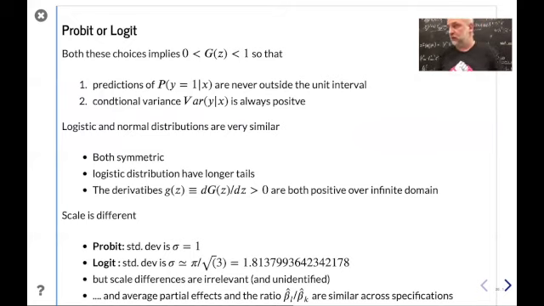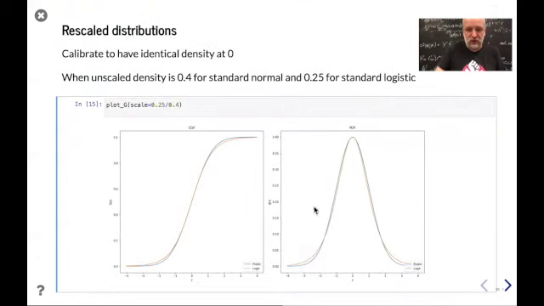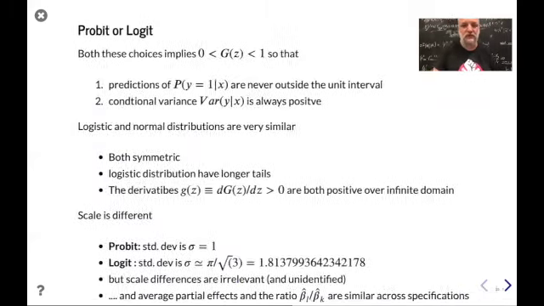So both of them give predictions of choice probabilities that are between 0 and 1, because this G function, the CDFs, both have that property of being between 0 and 1. And you can also see it in a graph. Here's 1 and here's 0. They're everywhere between 0 and 1, right? As they should be if they're CDFs.